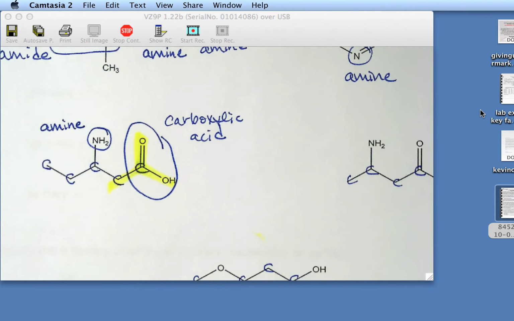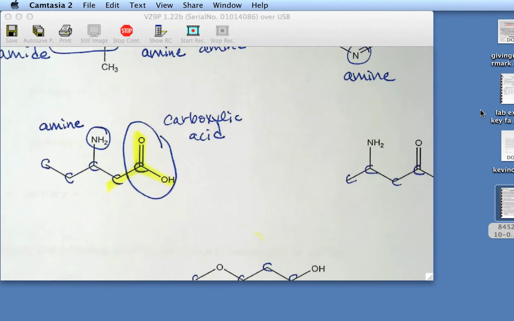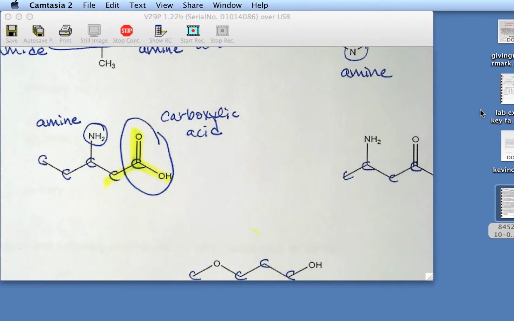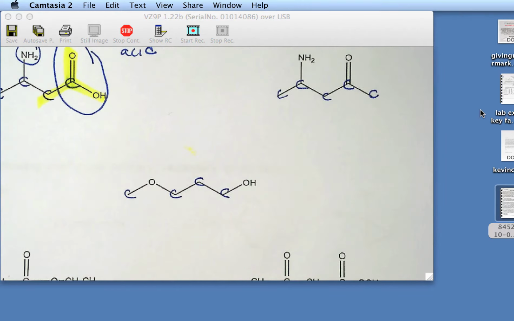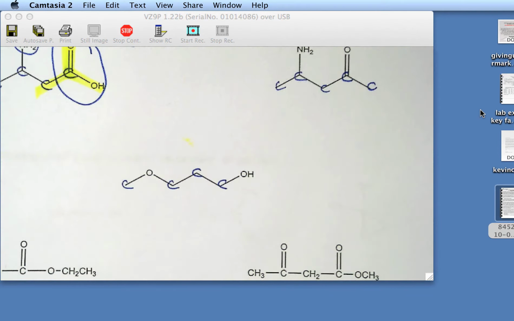They look different with just hydrogens or all carbons. But if it's just a nitrogen with no carbonyl neighboring it, then it's just an amine. All right, so I want you to work on the next few molecules. You're not naming, you're just trying to identify and label functional groups.